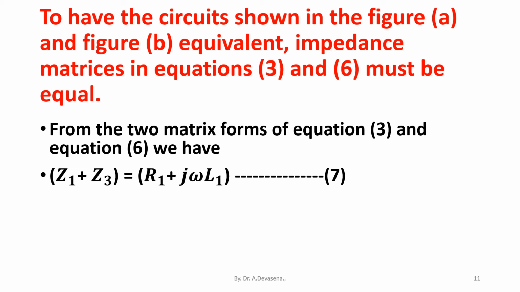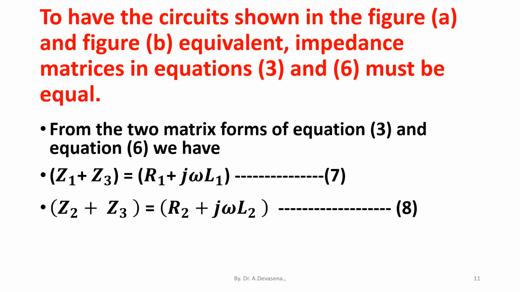Consider this as equation 7. And Z2 plus Z3 is equal to R2 plus j omega L2. This is equation 8. And Z3 is equal to j omega M. This is equation 9. Equations 7, 8, 9 are the equivalent forms of the two matrix equations 3 and 6.